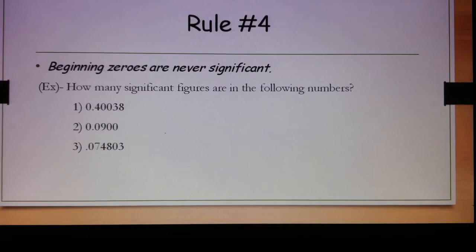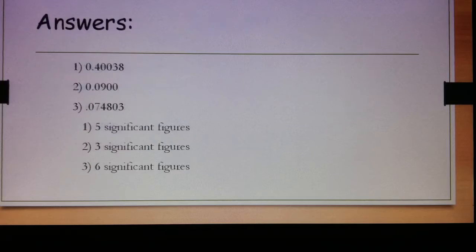Rule number four: beginning zeros are never significant. So all the zeros that are on the left side of the decimal point, those are not significant. And those are my examples right there. Next slide is the answers.